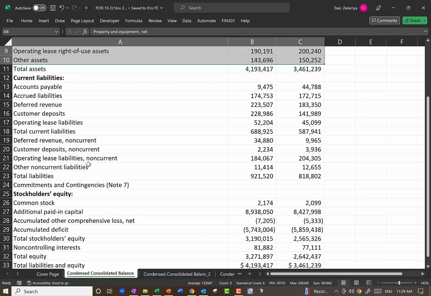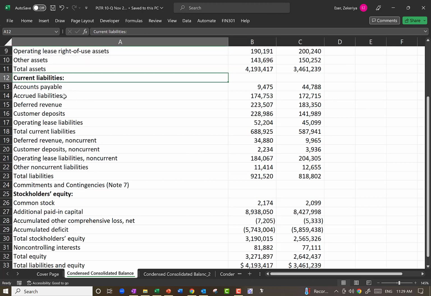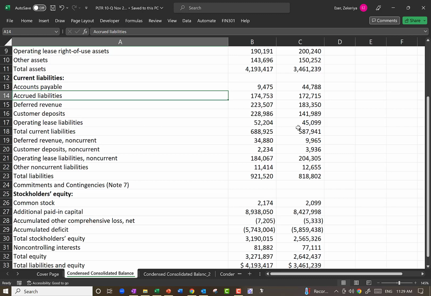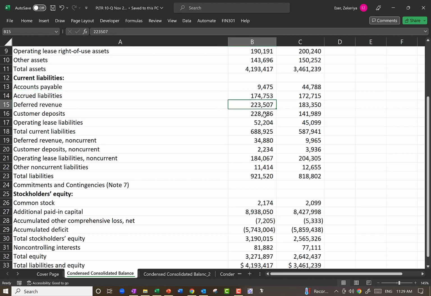Similarly, under liabilities, you got your accounts payable, accrued liabilities, deferred revenue. These are things that you have recorded as revenue, but you have not actually delivered the products.